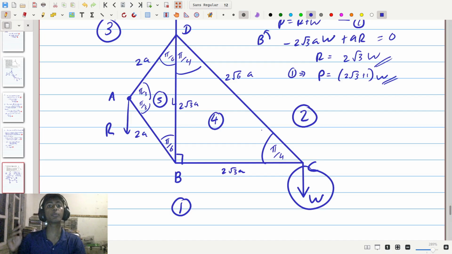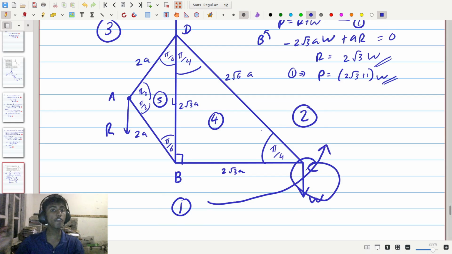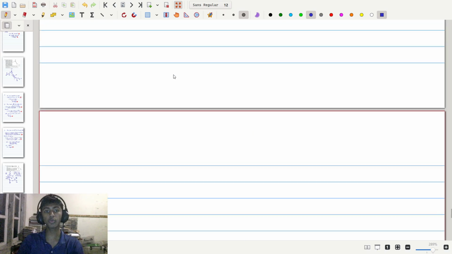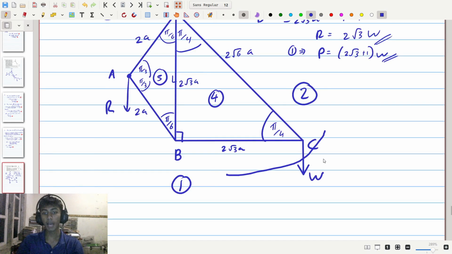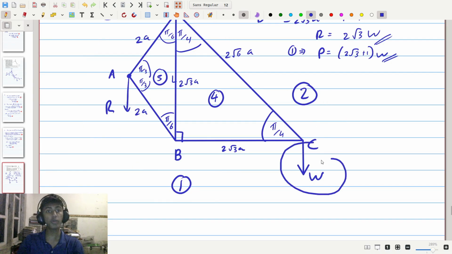So therefore, according to Bow's notation, if I convert this into a vector space, then considering the points 1 and 2, going from 1 to 2 in the vector space is going to correspond to a downward motion of magnitude W. So if I start my Bow's notation diagram, and I label a certain point and call that point 1 corresponding to region number 1, then region number 2 must be a W distance down from region number 1, since going from region number 1 to region number 2 in this diagram required us to go through a downward force of W.